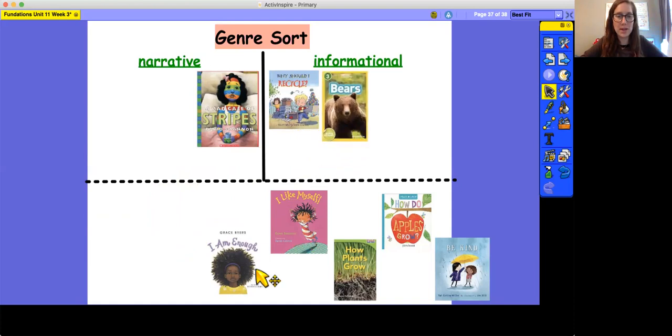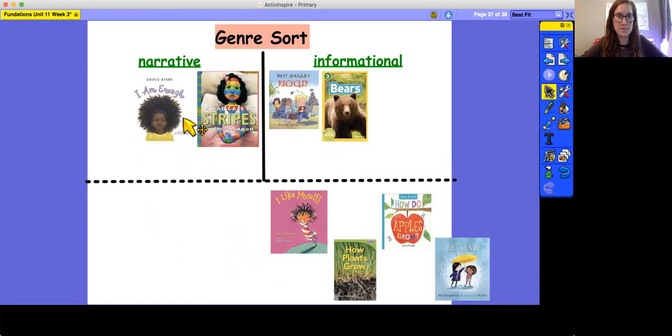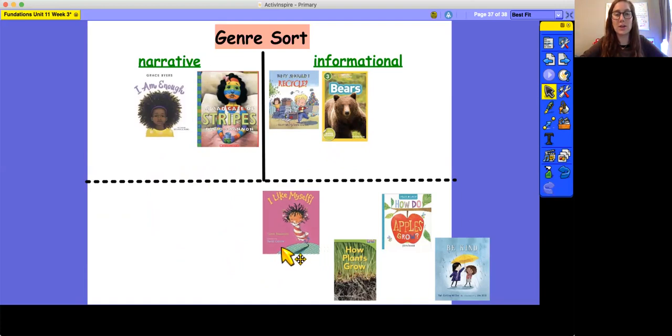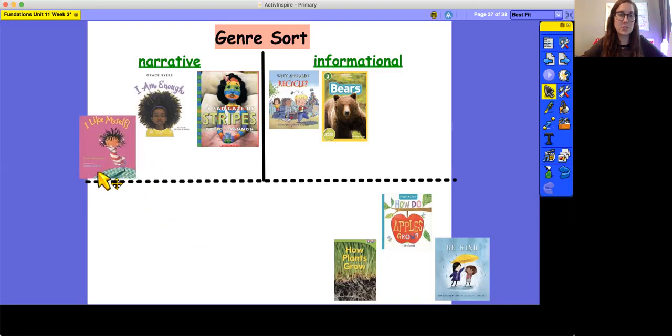Next, we have a book called I Am Enough. This book is a narrative story. Next, we have a book called I Like Myself. In this book, the girl's talking all about reasons she likes herself. This is a narrative. It's telling a story. Next, we have How Plants Grow. This book is informational.